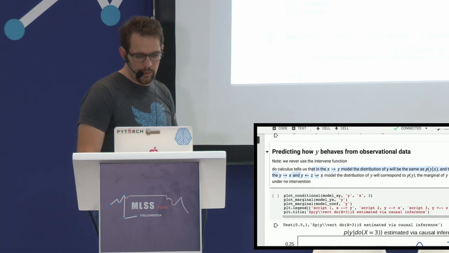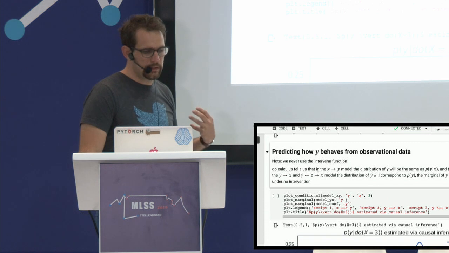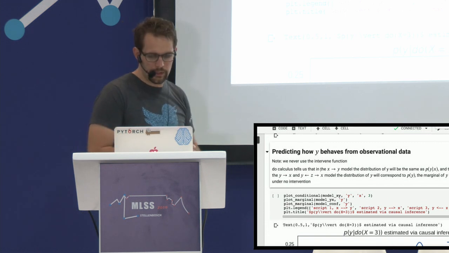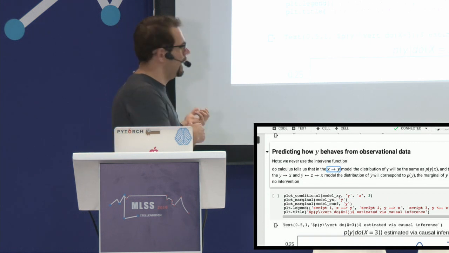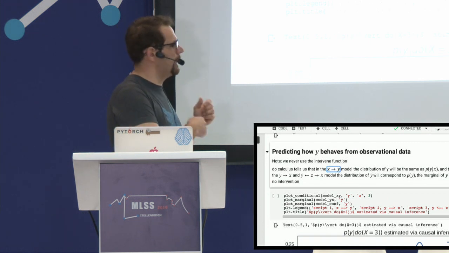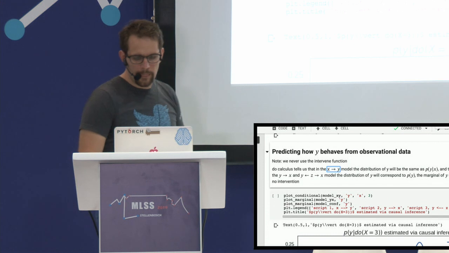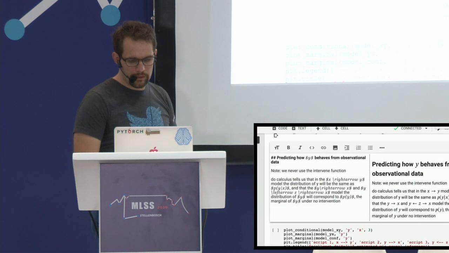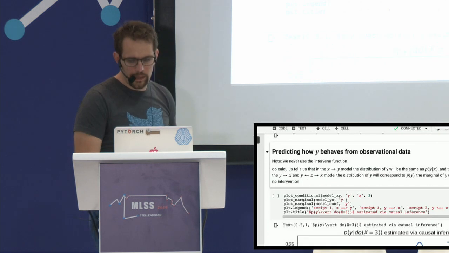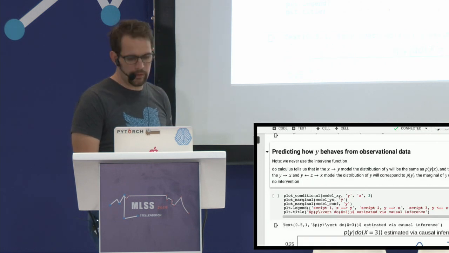So if you remember, the analysis said that do calculus tells us, based on the graph structure, that if your model structure is an arrow pointing from x to y, then p of y given do x corresponds to p of y given x.